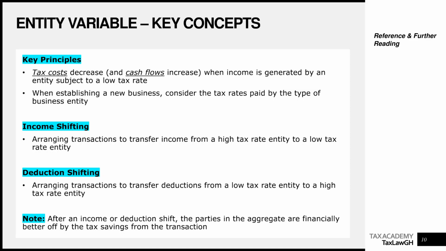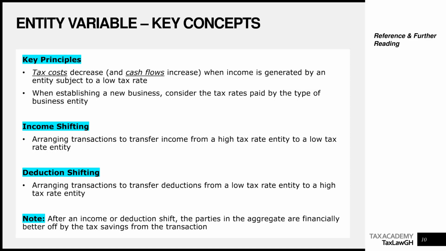When it comes to income shifting, what you are trying to do is to shift all the income from the entity that is going to pay a higher tax rate to the entity that's going to pay a lower tax rate, so that the lower tax rate entity is the one that will bear the tax. This is called income shifting. As the name implies, you are trying to shift income from a higher tax entity to a lower tax rate entity so that you pay lower taxes.